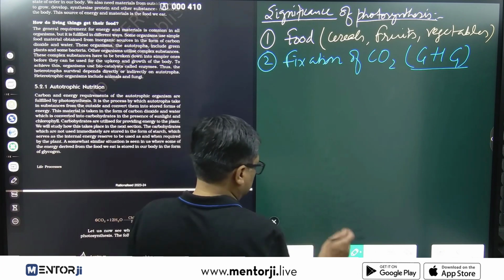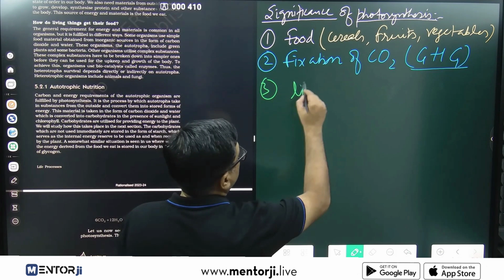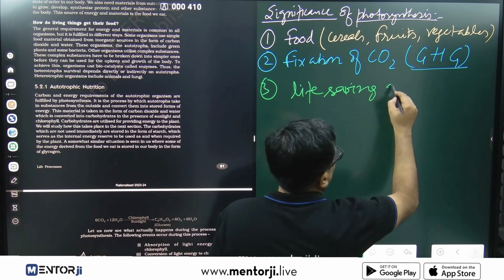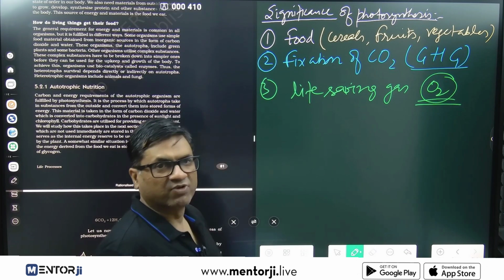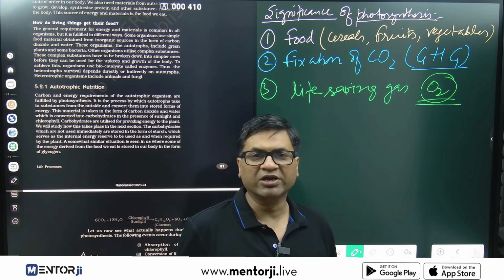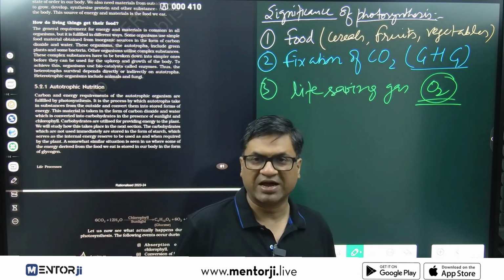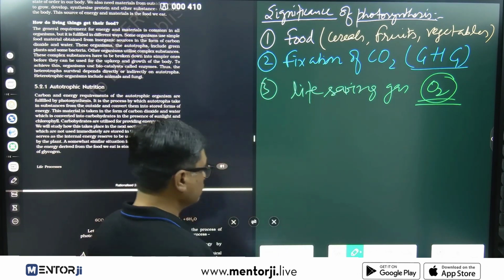Third one is the life-saving gas, oxygen. Without this, we can't survive because this is the only gas we can respire, जिसको हम सांस के तौर पर इस्तेमाल करते हैं, और ये हमारे जीवन जीने के लिए बहुत जरूरी है.